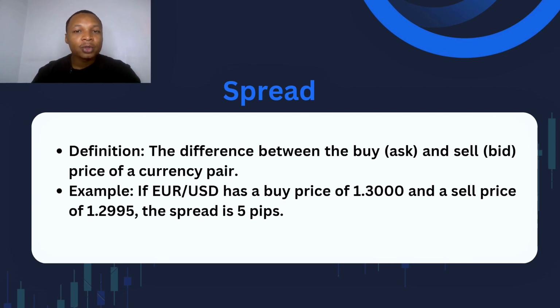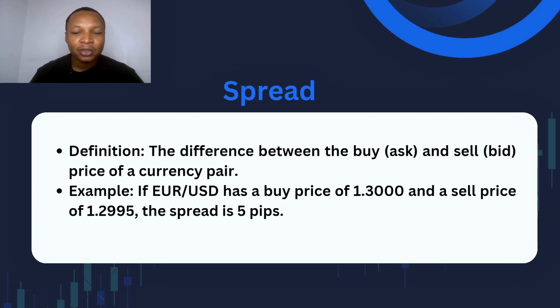Because there is no unit to a currency pair, that spread is indicated by pips. An example: if Euro USD has a buy price of 1.3000 and a sell price of 1.2995, the spread is 5 pips. What this literally means is that the buy price and the ask price are used interchangeably because they mean the same thing.